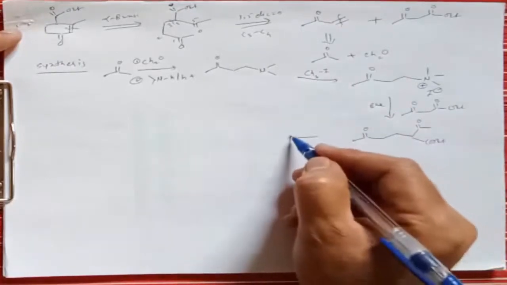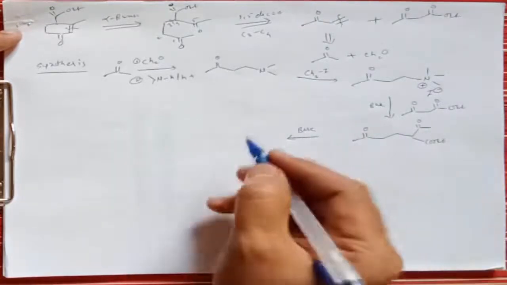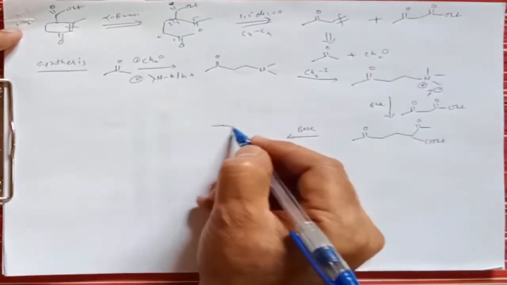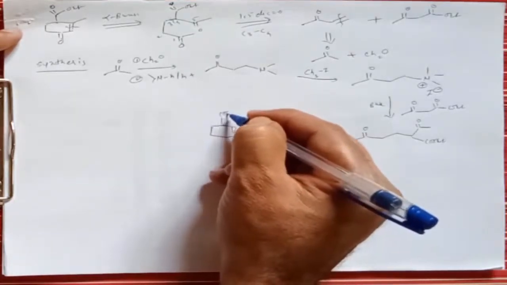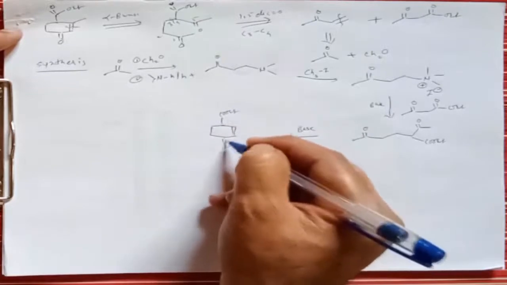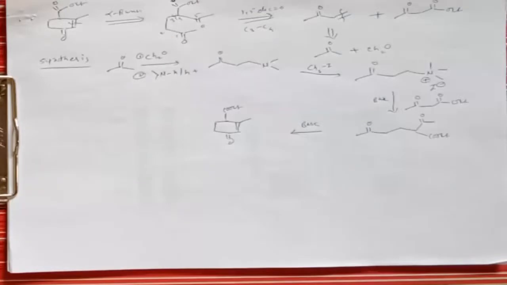And in the next step, the base takes a proton and it undergoes cyclization, and after cyclization it gives formation of a compound that is like this, COOEt, and here is carbonyl group as well as CH3. That means it gives such type of target molecule.